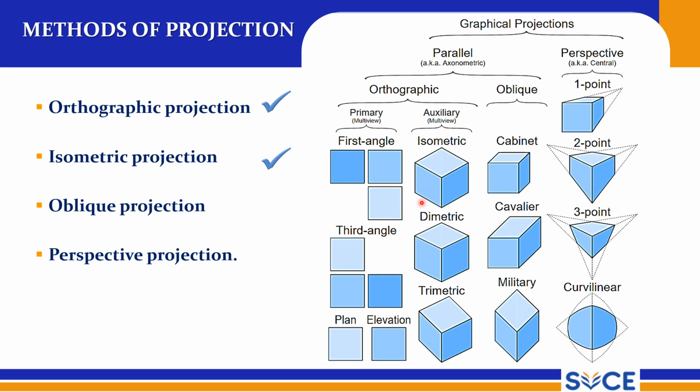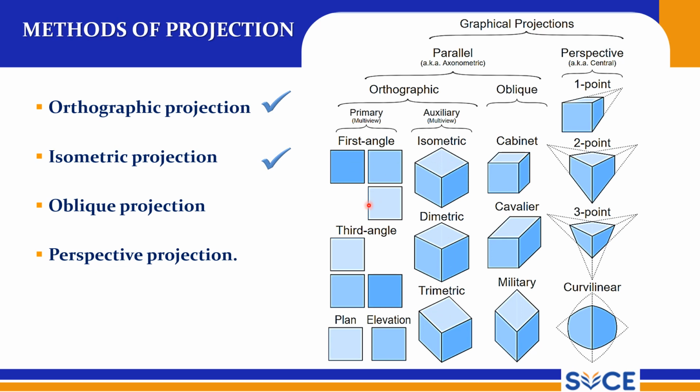Whereas in isometric, instead of having three views, we can give one three-dimensional view, that is known as isometric projection. Under the axonometric method, the first one is isometric, this is dimetric, and this is trimetric, and we are going to discuss only isometric projection here.